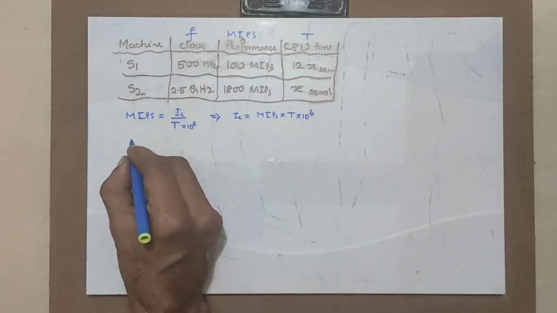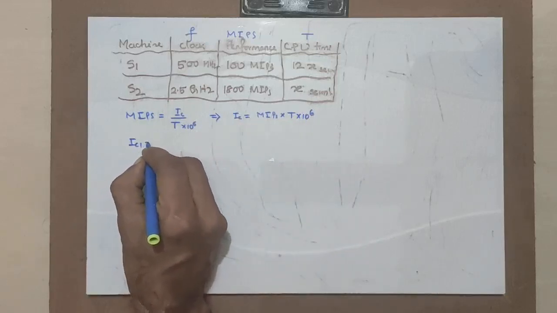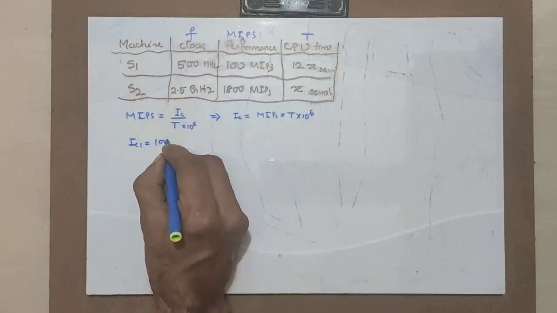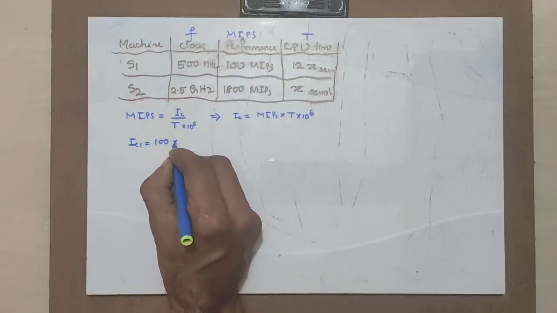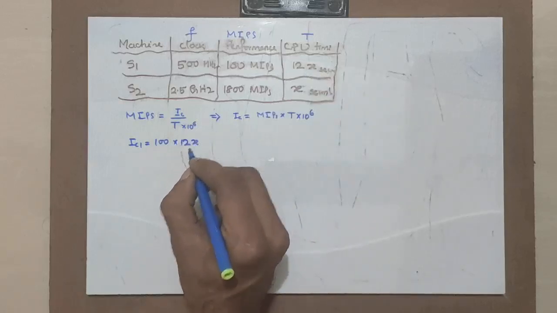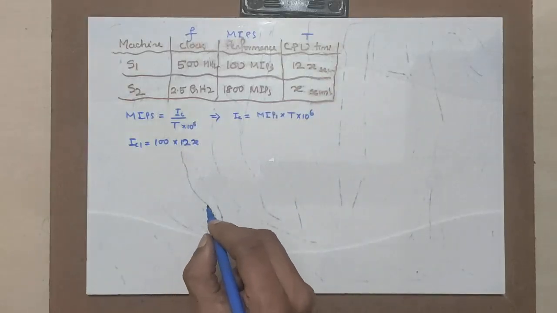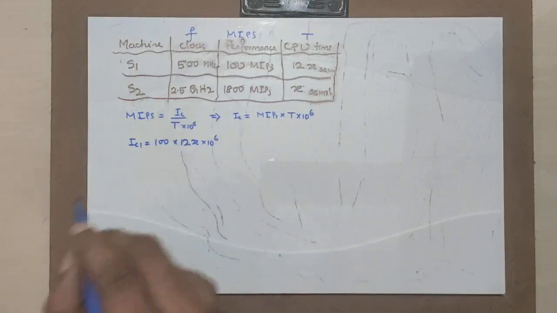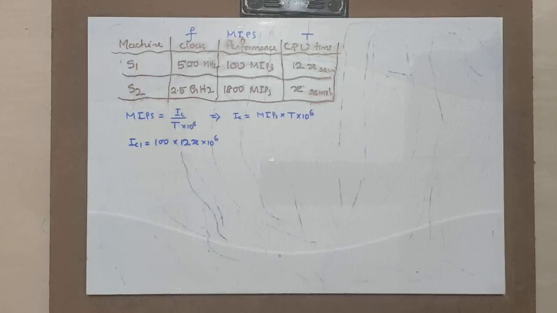Let us apply this for machine 1. IC1 is equal to MIPS 1, what is million instructions? 100. Into time taken 12x. CPU time taken is 12x multiplied by 10 raised to 6.